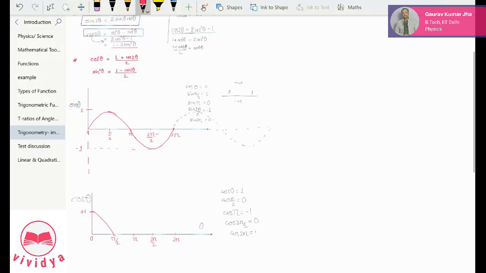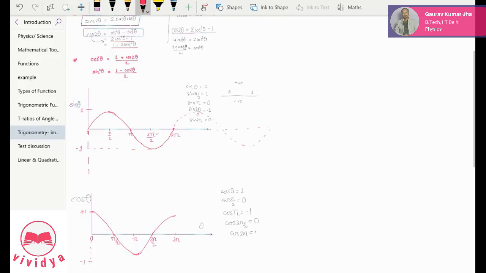Then at pi it will be -1. So maybe -1 is here. Roughly we are drawing it, and that's what we have to do in all the course. Then again at 3 pi by 2 it becomes 0. Then again at 2 pi it becomes maximum. This is how cos looks like.